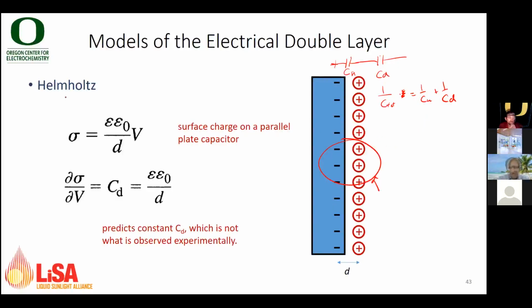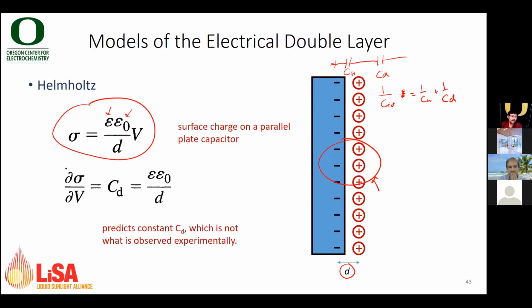The Helmholtz model is the simplest model we can put forward for the double layer. And you'll hear about the Helmholtz potential drop. People will use that term all the time. Basically, we're just treating this as a double layer capacitor, right? One sheet of charge in the electrode, one sheet of charge in the electrolyte. So this is just the equation for a capacitor: the surface charge is related to the voltage across the capacitor, the distance between the plates, the relative dielectric constant, and epsilon naught, the dielectric constant of free space.